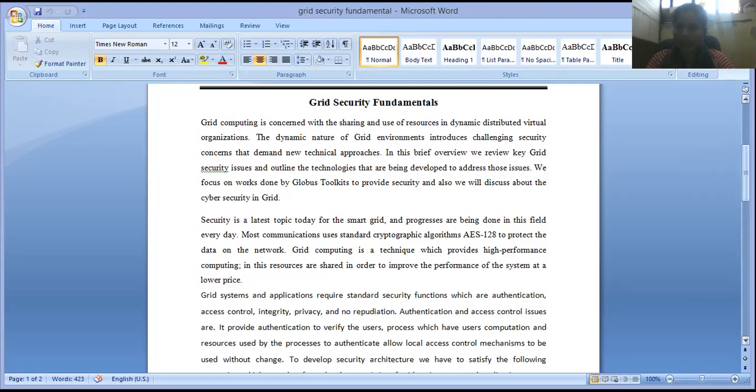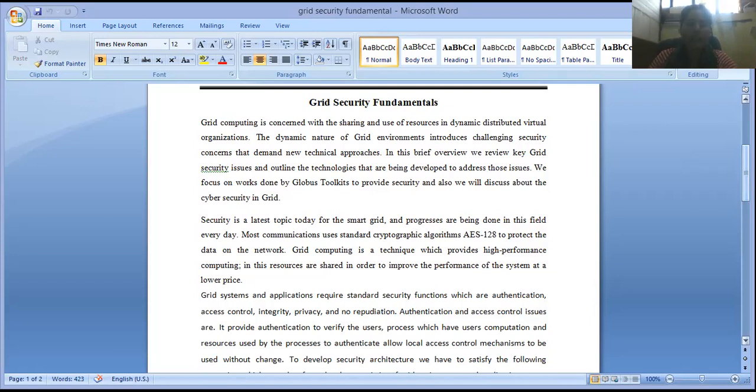Isn't it so? Security is a very fast-growing research area nowadays in the cloud and also in the new technology, grid computing, which is a sub-part of the cloud.